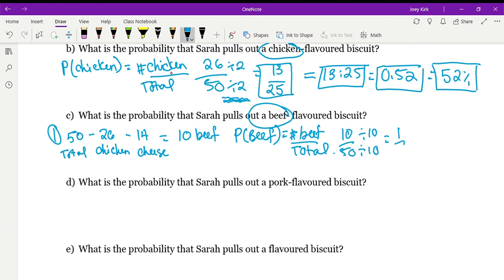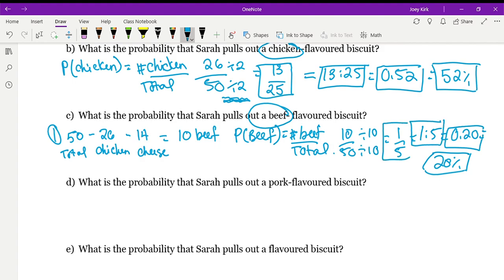I get 1 over 5, okay, or a 1 to 5. If I divide 1 by 5, I get 0.2, and as a percentage, I get 20%, okay? There's my decimal, here's my ratio, here's my fraction. Sorry, that got kind of squished.